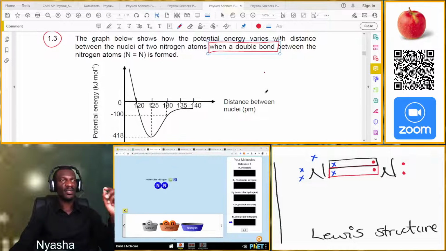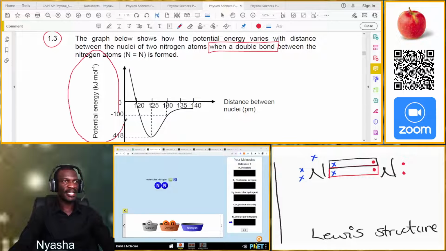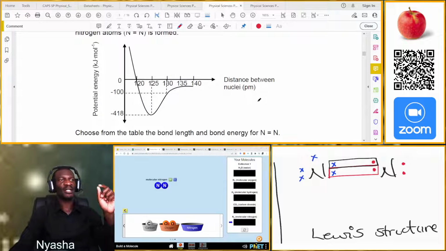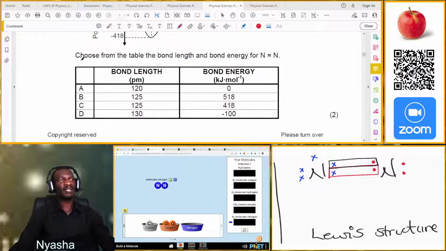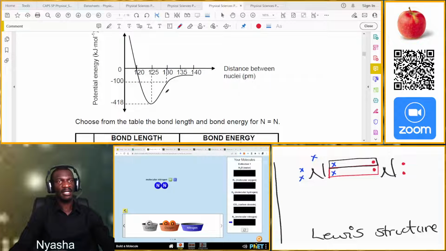And according to the question now, this is the potential energy when we have these 2 nitrogen atoms forming a bond. So the question had to do with something else. It says, choose from the table the bond length and bond energy for the N double bond.